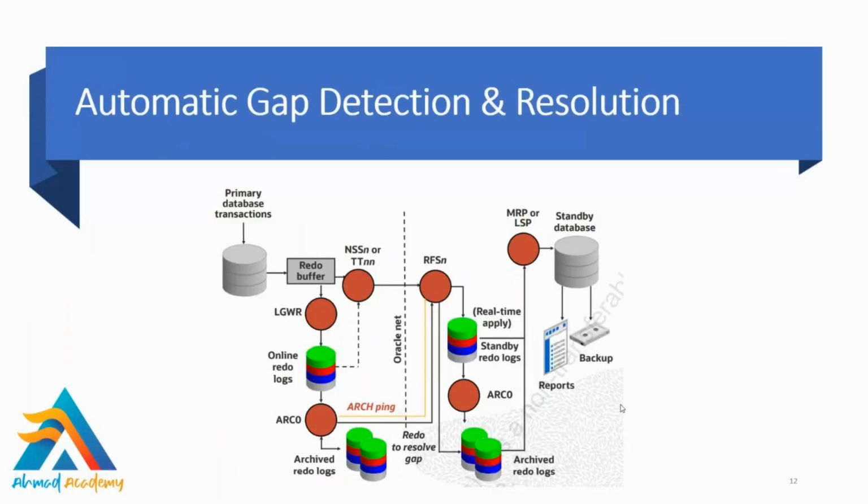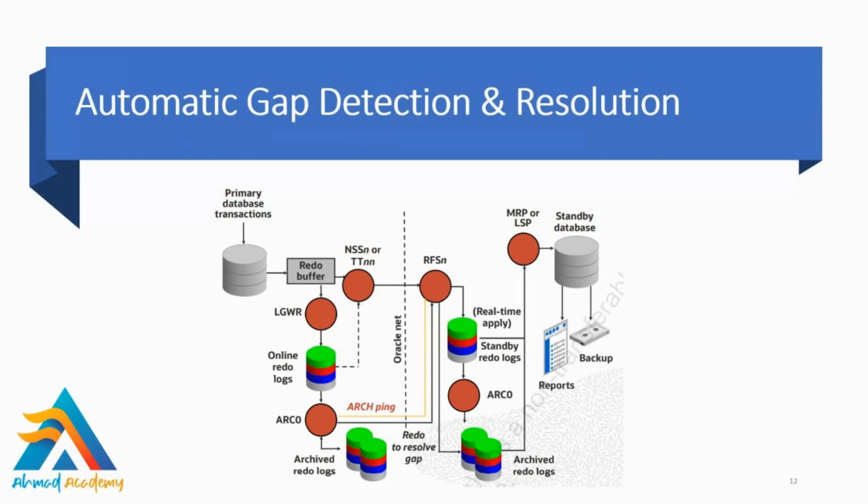And automatic gap detection. Suppose you have network issues and connectivity is lost between the primary and standby database. Then redo data is being generated on the primary database side, but it cannot be sent to the physical standby databases.